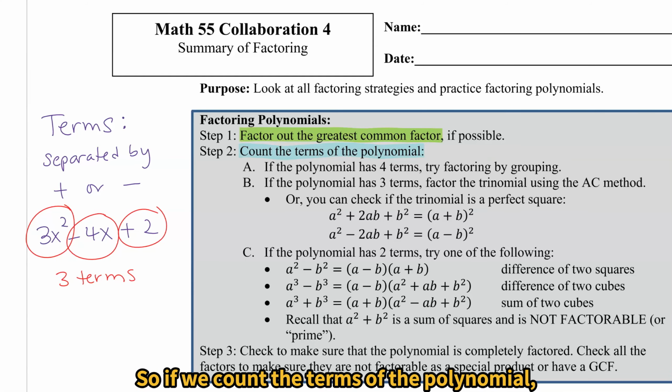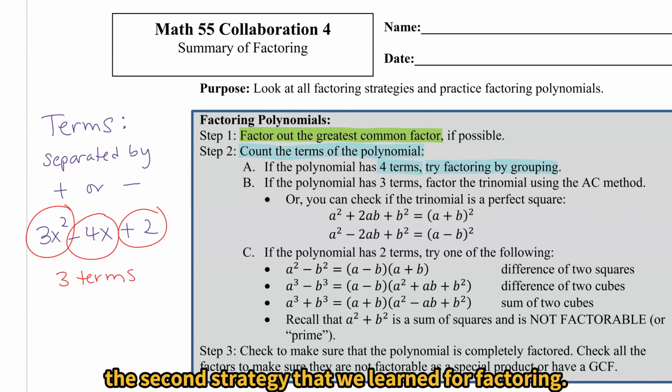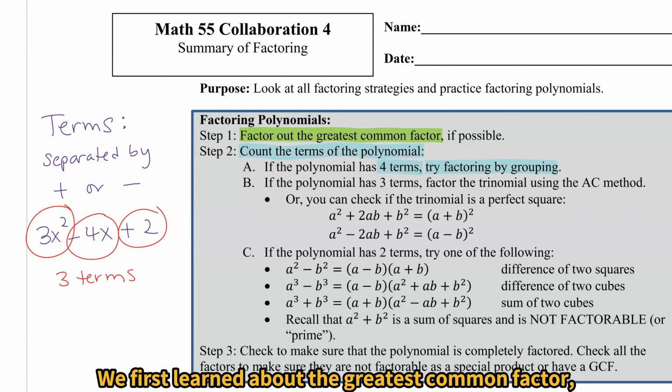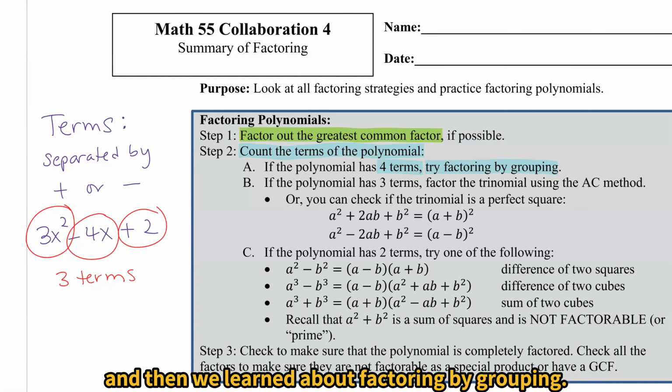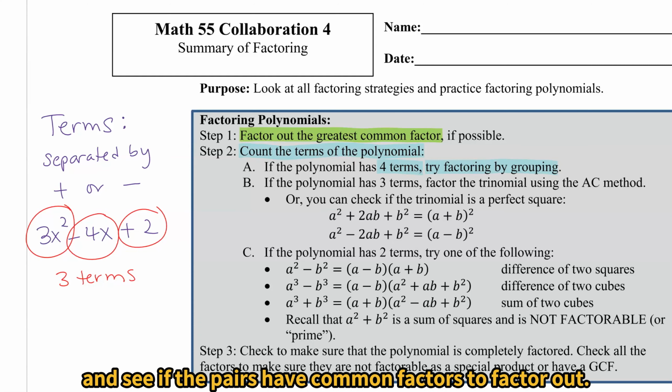If the polynomial has 4 terms, we're going to try factoring by grouping. Remember that's the second strategy we learned for factoring. We first learned about the greatest common factor, and then factoring by grouping. Group the terms in pairs and see if the pairs have common factors to factor out.